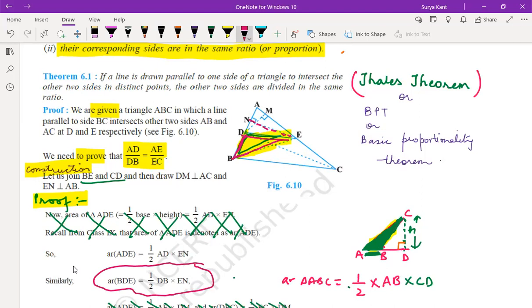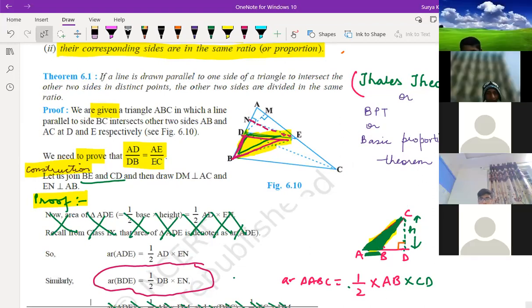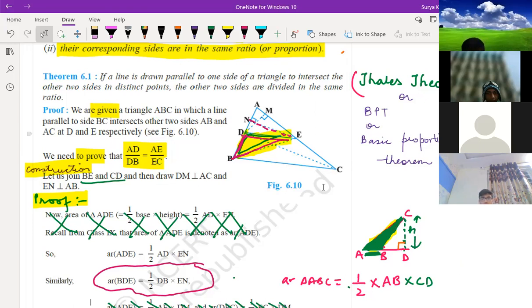Chanchal, can you hear me? Yeah, I can hear you. You understood this point, how for BD I have written half base into height? Why have we written height as EN here? Because EN is not a part of this triangle. Then also why have we written height as EN?